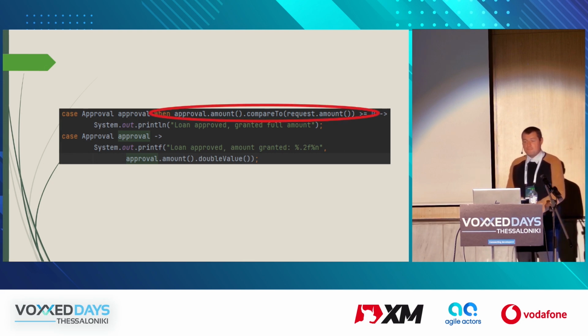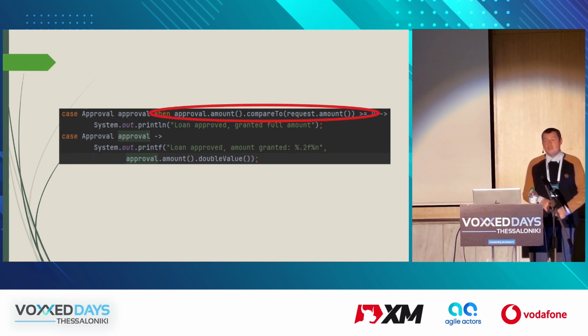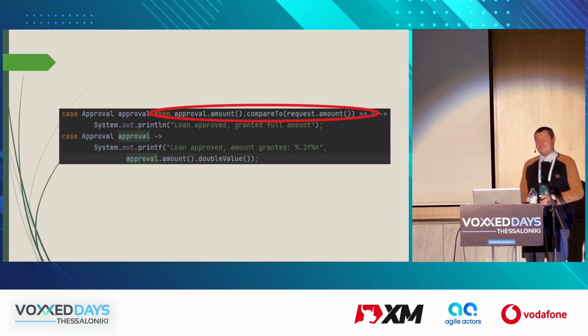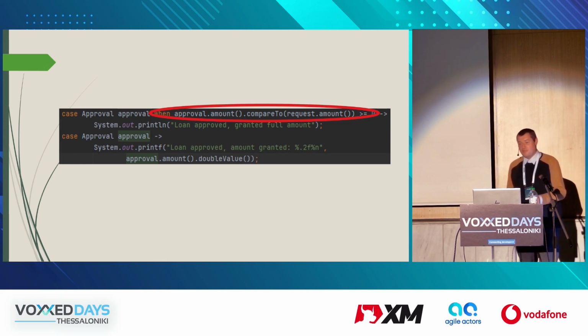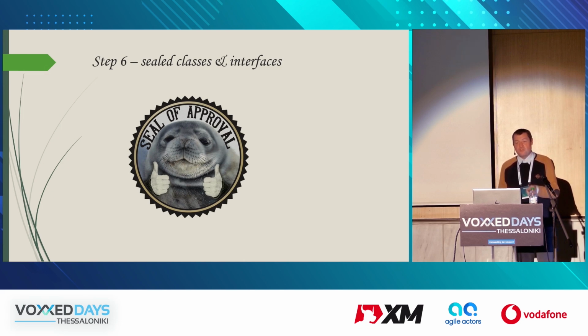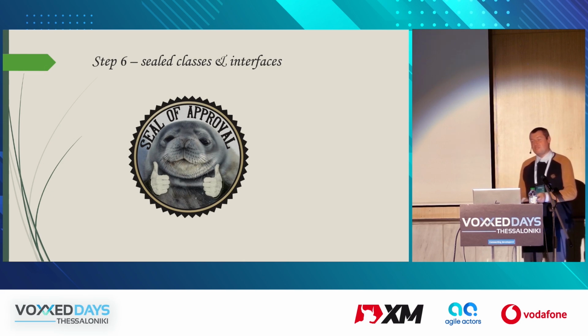Okay, looks better, but there are still some things to improve. And now we are finally approaching the main part of this talk, which has been mentioned in the title, which is sealed classes. And what is more important, interfaces also can be sealed.